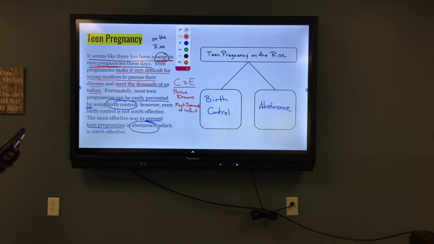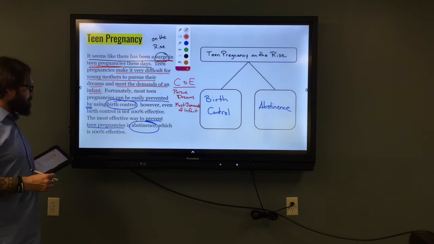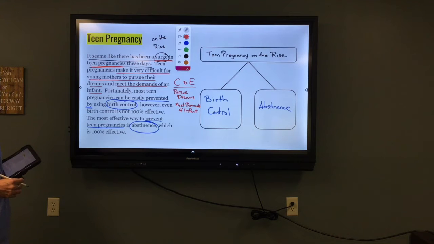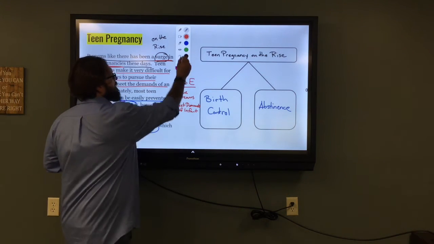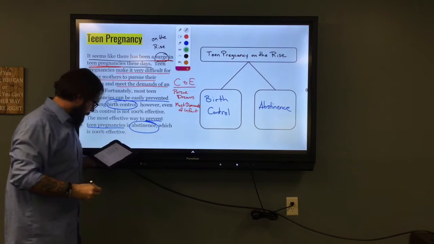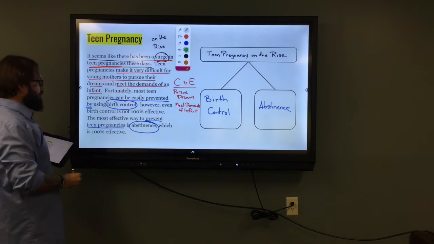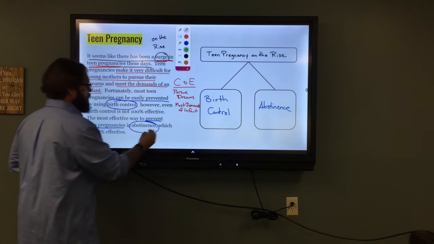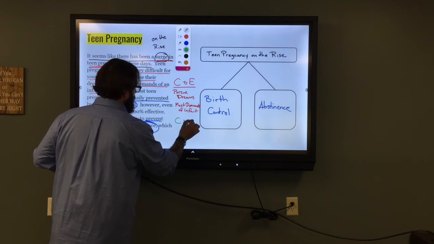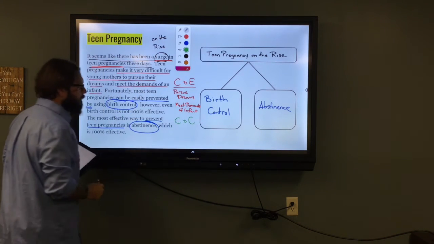Are there any other text structures? Well, of course. We see compare and contrast in use. Well, Mr. Blankenship, where is that? Well, it's a compare and contrast of the forms of birth control.